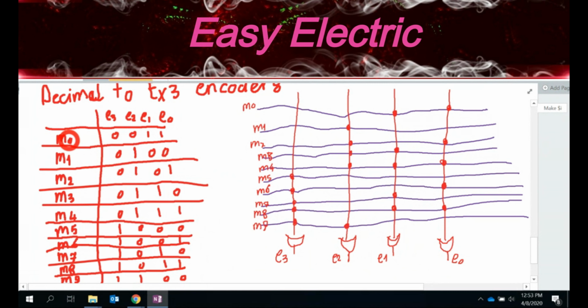So if this were a normal encoder, whenever it is 0, it should give just 0, 0, 0, 0, not 0, 0, 1, 1. But here we want to have decimal to excess-3. So that's the reason we made this table, and we have this circuit, which is the decimal to excess-3 encoder.